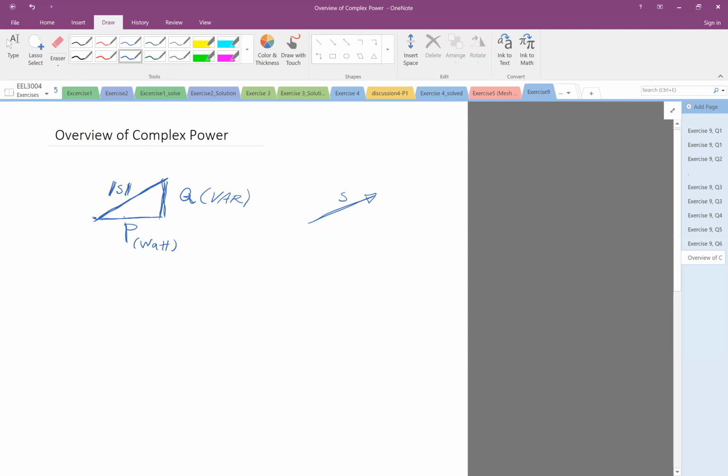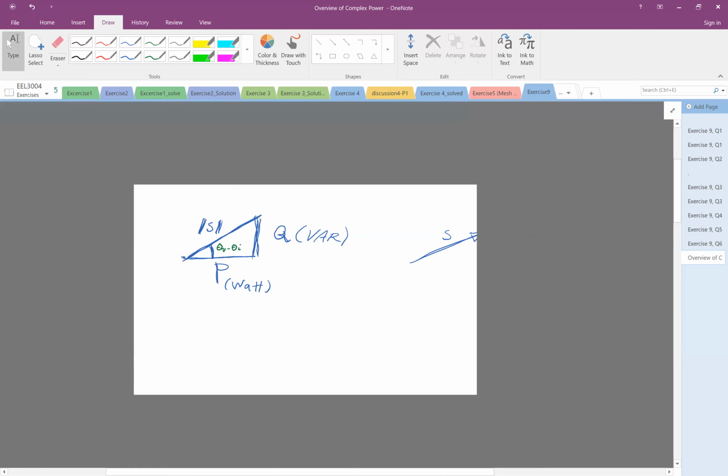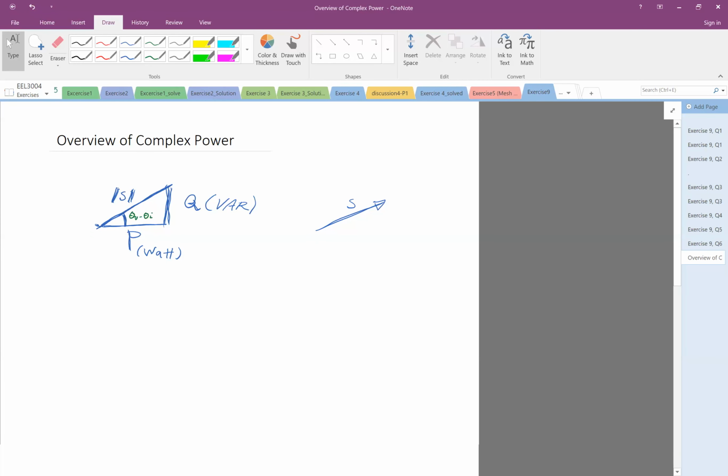And then this angle is theta V minus theta I. So this is a very useful triangle to remember. And this is the right angle, it's 90 degrees here.